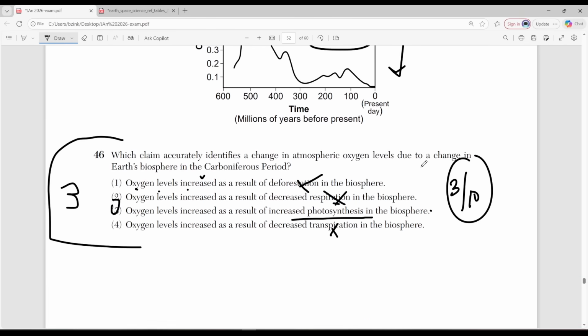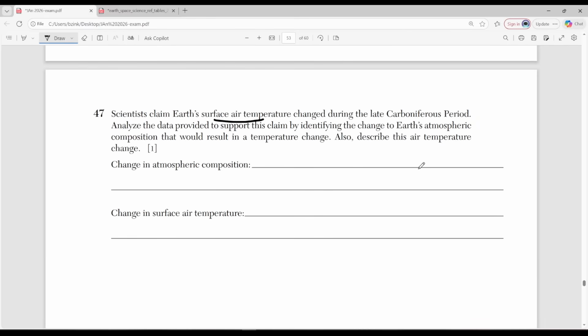So in that case, we should be cooling. The change in atmospheric composition is going to be decreased CO2. If there's less CO2 in the air, there's lower temps.